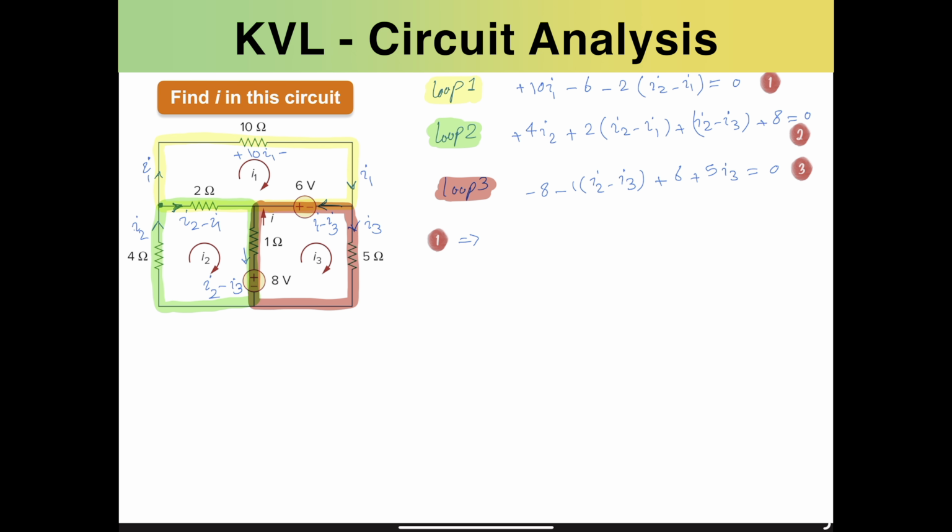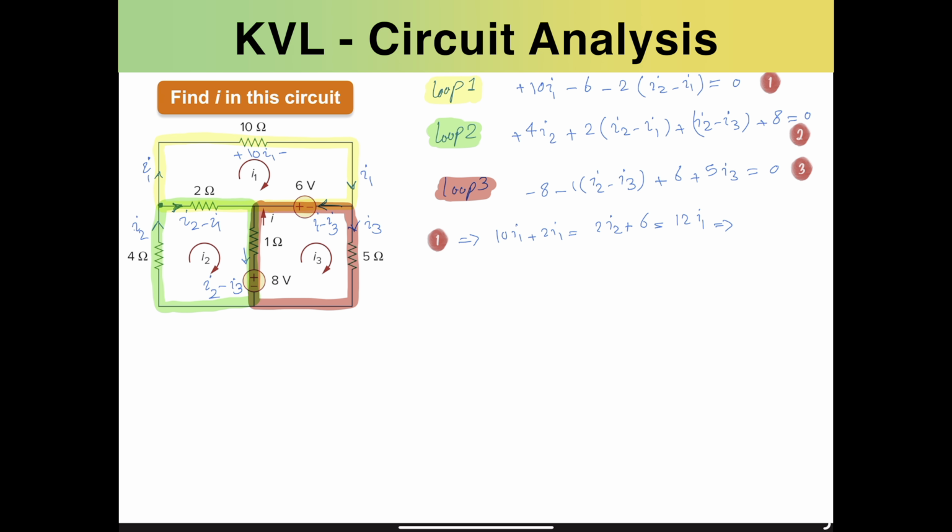So we have equation number 1 that is allowing us to find I1, for instance, with respect to I2. So 10I1 plus 2I1 equals 2I2 plus 6. And 10 plus 2 is 12I1.